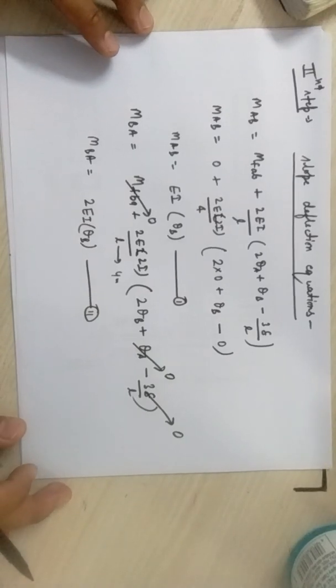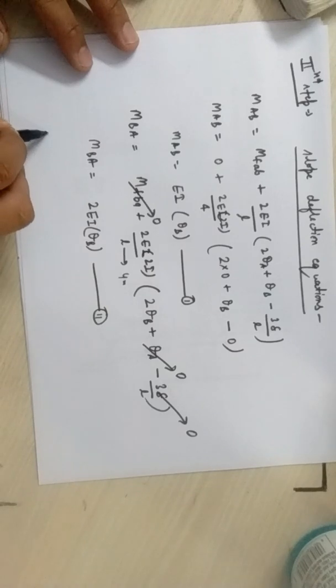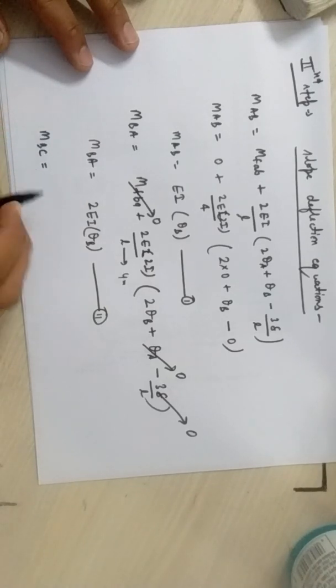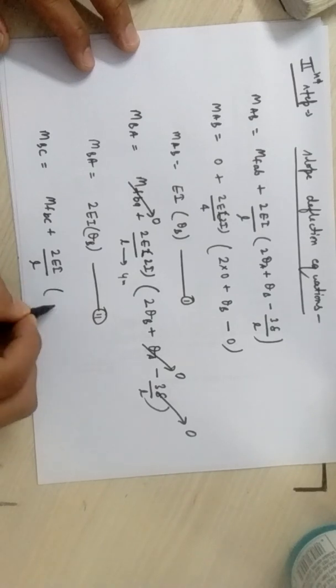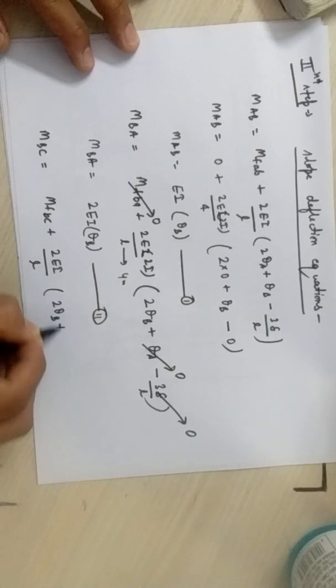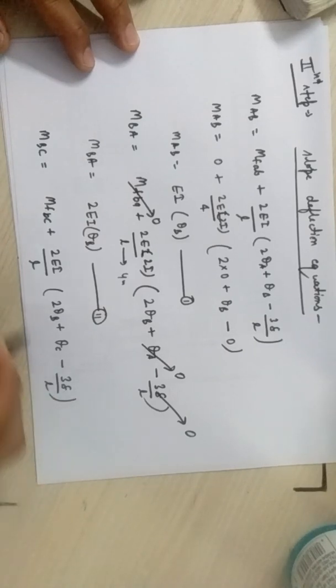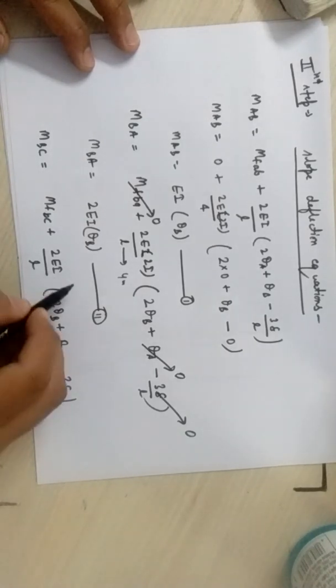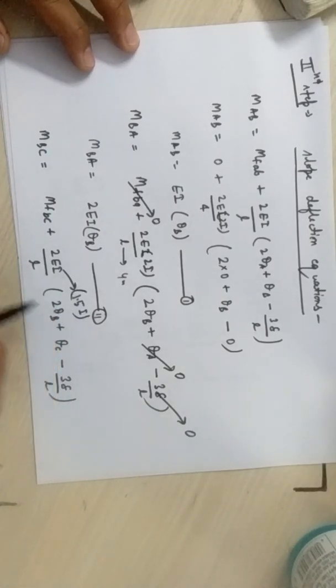Now similarly we will write for span BC, and what will be that? MBC will be equal to MFBC plus 2EI upon L, 2 theta B plus theta C minus 3 delta upon L. Okay, and here I will be equal to 1.5I, and L is 4 meters.